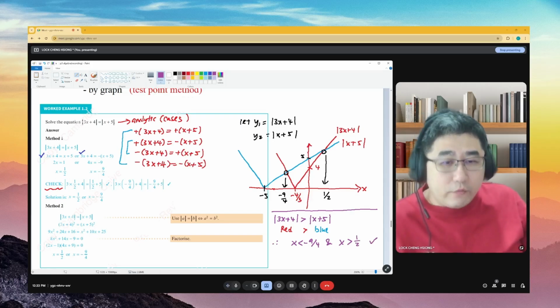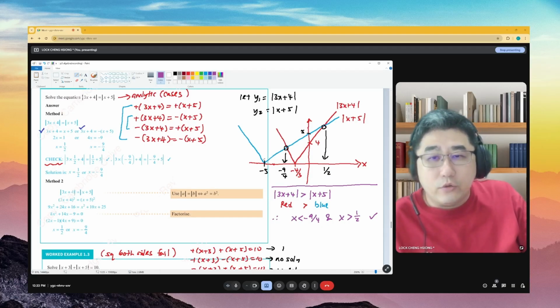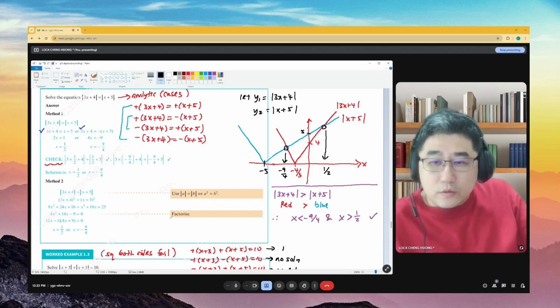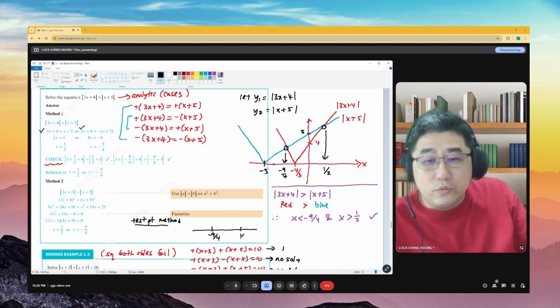So what if I don't have the graph? Then I use the test point method. Not enough space, so I write here: test point method. I draw the number line and label negative 9 over 4 and 1 over 2, which I already found from solving the equations.